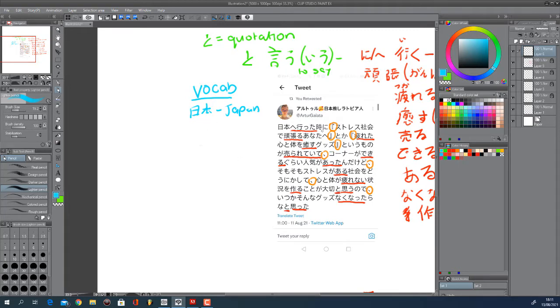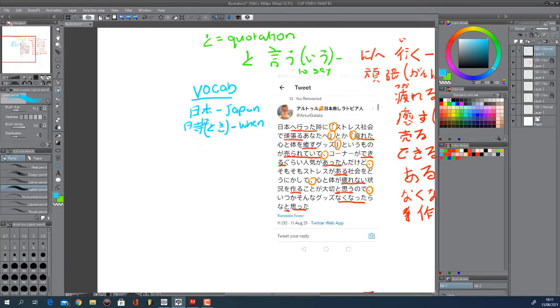E itta toki ni, again iku, but we have toki. So this is toki. I'll put the hiragana in brackets. So in this case, it's when. So toki ni is usually used as when. So toki ni. Remember that.